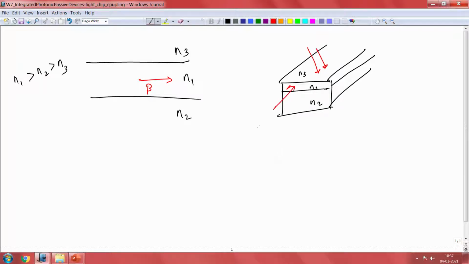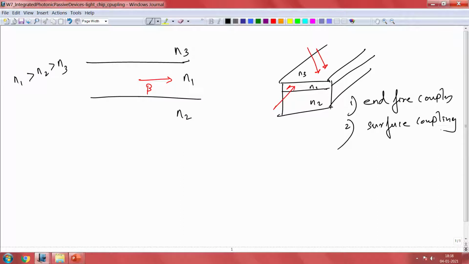When I couple it from the side, we call this end fire coupling. And when I try to couple it from the top, it is called surface coupling. These are two different ways of coupling light into the waveguide, but it is not that easy. So let us look at the real problem here.